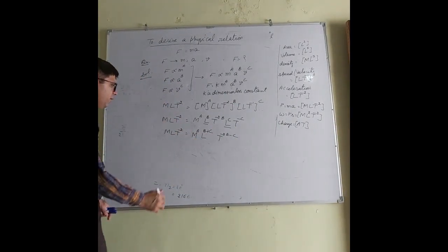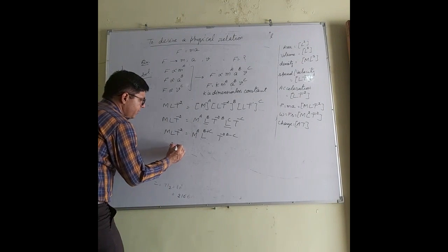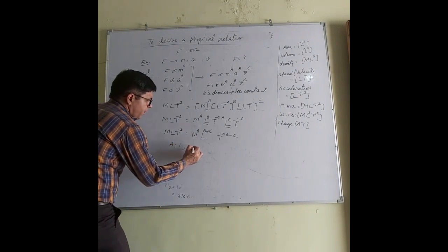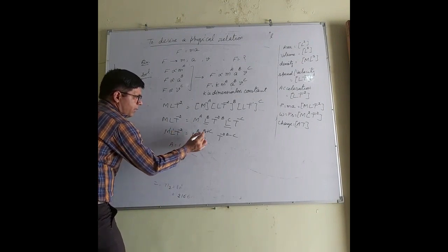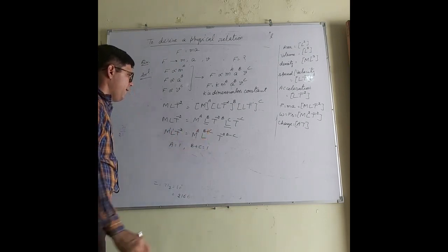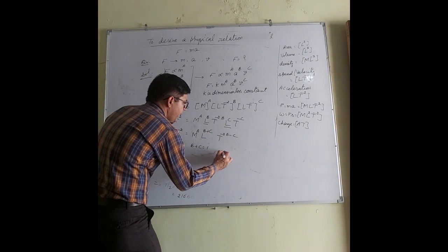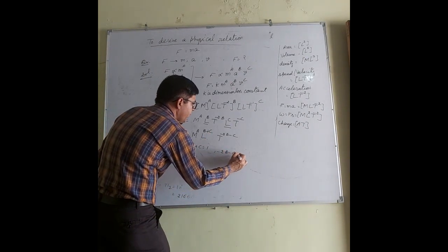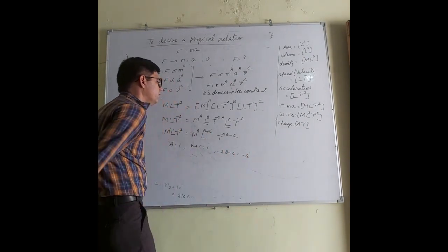So comparing powers on both sides, a equals 1, and here the L power is b plus c, which also equals 1, and minus 2b minus c equals minus 2.